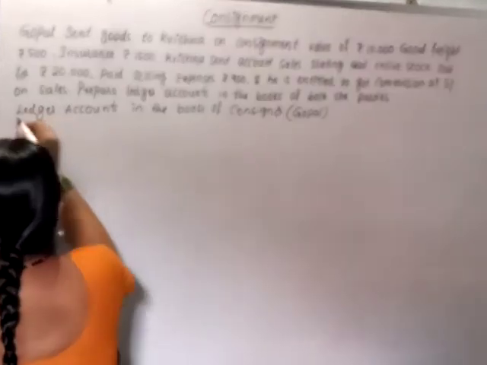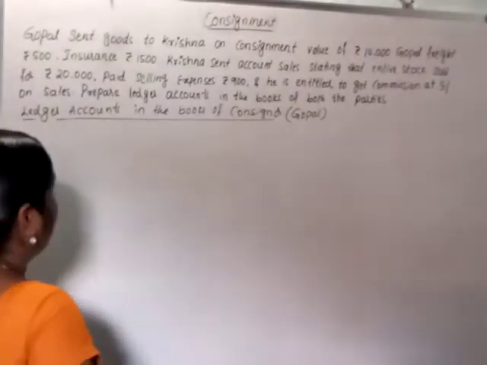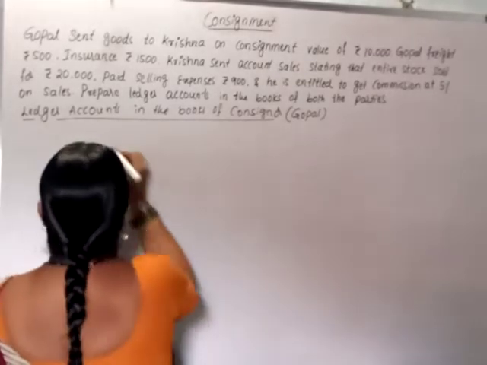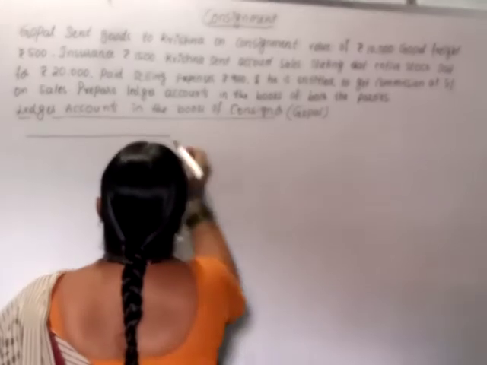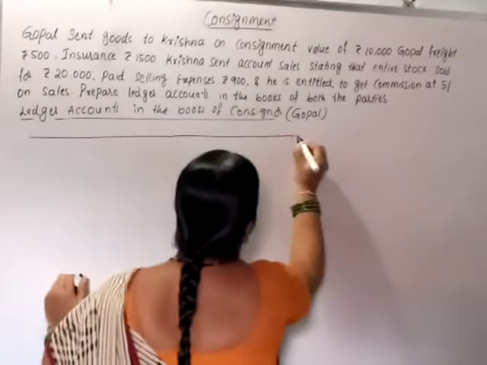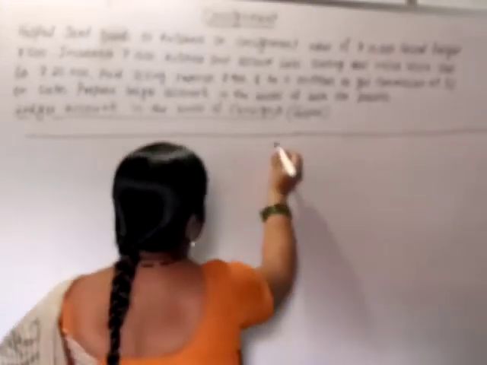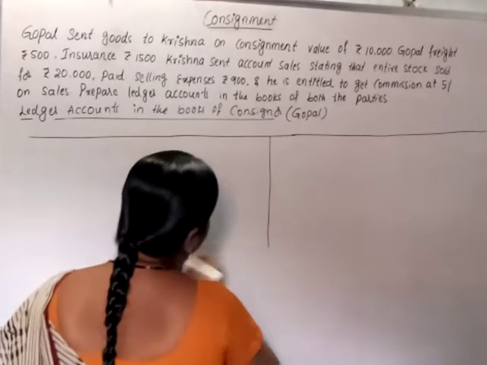Now the first account we have to open is the consignment account. The account is in capital letter T form only.